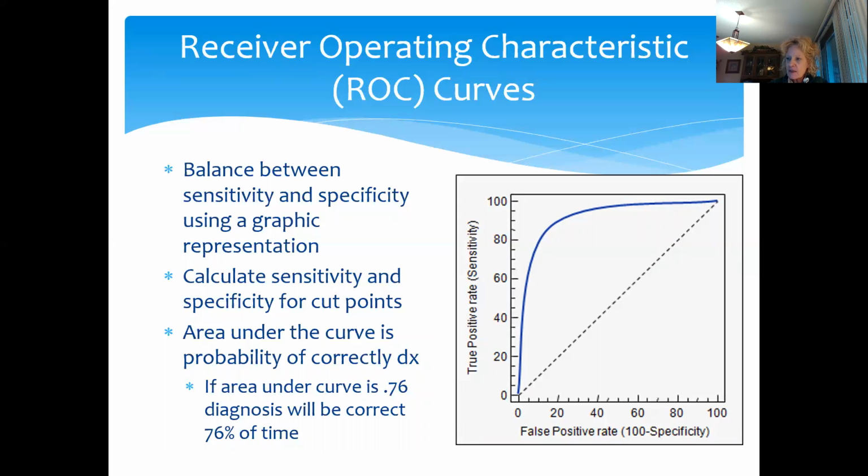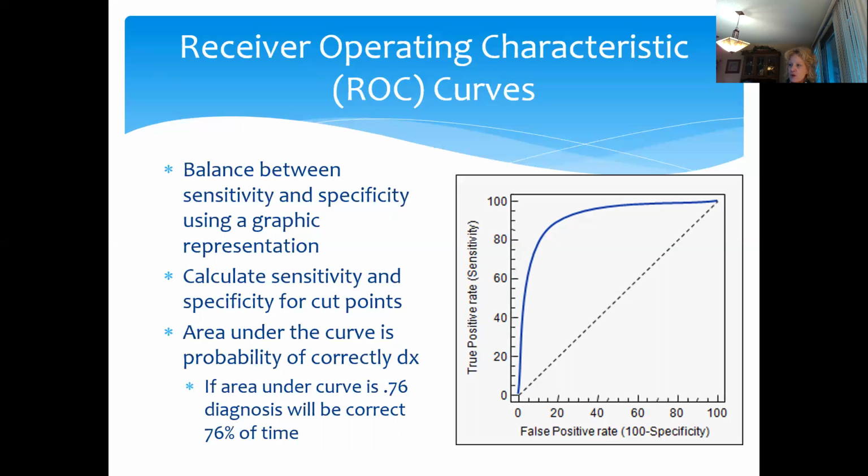So another concept that we really want to talk about here is a way to combine the balance between the sensitivity and the specificity. One way we can balance these two is to examine the two together graphically, and that's called your receiver operating characteristics, or your ROC curves.